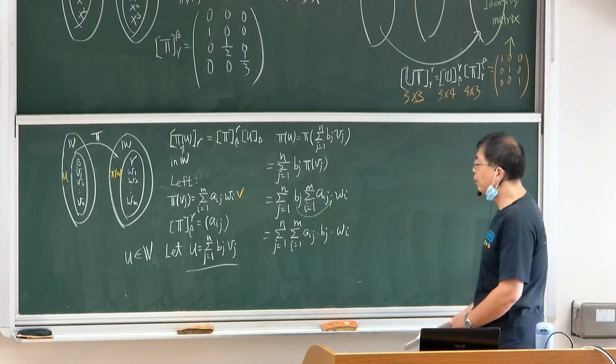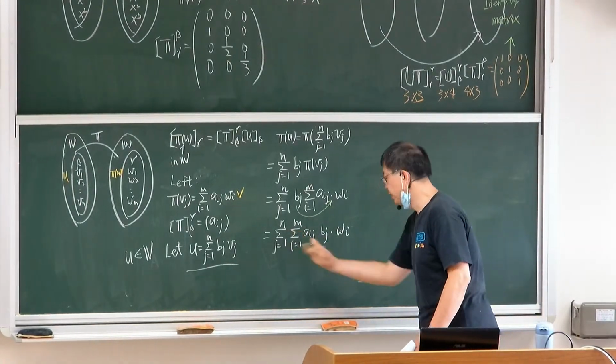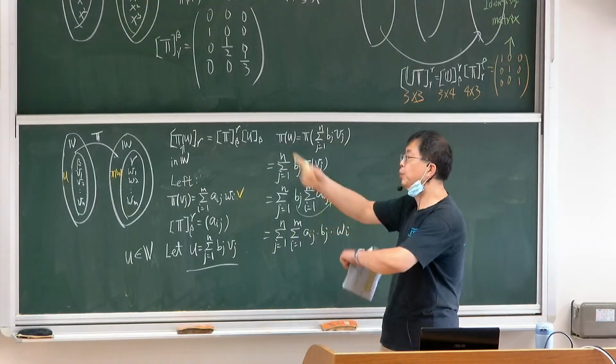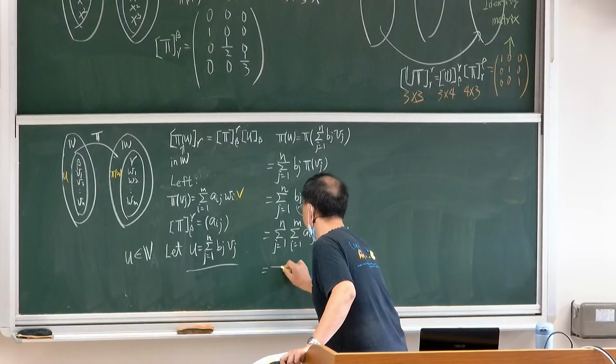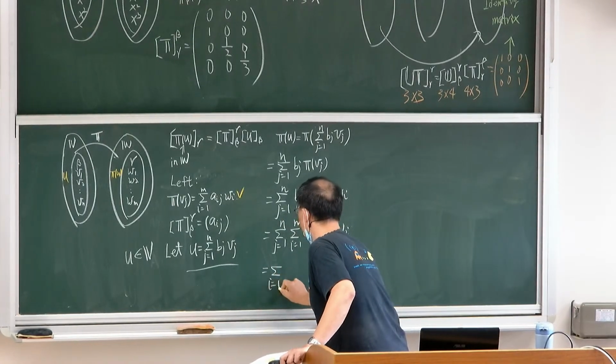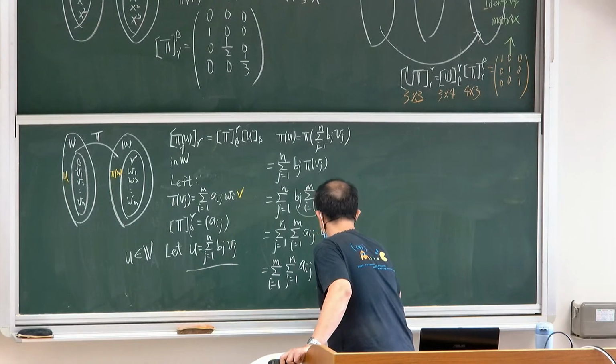Now we reverse the order of summation, like changing the order of a do loop, so I have the summation i equals 1 to m, summation j equals 1 to n of Aij times Bj times Wi.